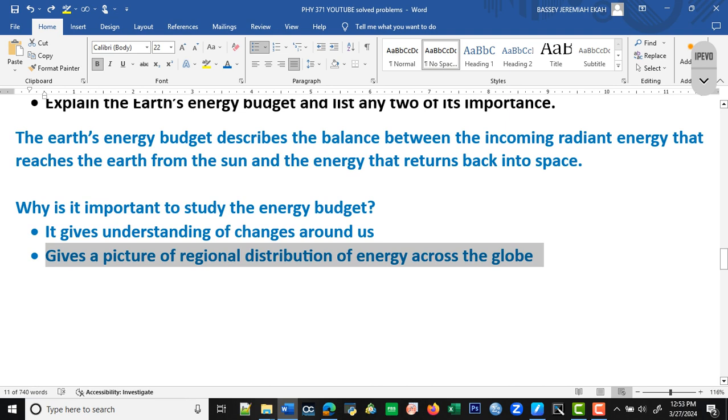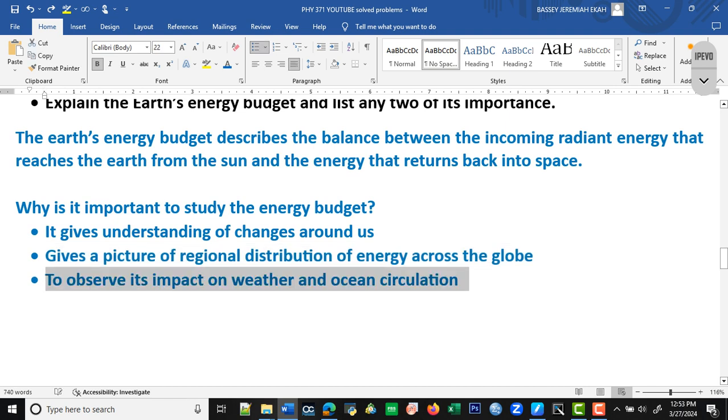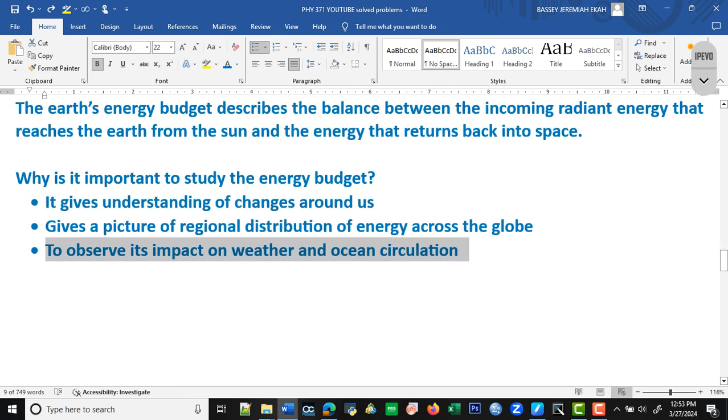It gives a clearer picture of the regional distribution of energy across the globe. And the next point is that it helps us to observe its impact on weather and ocean circulation.